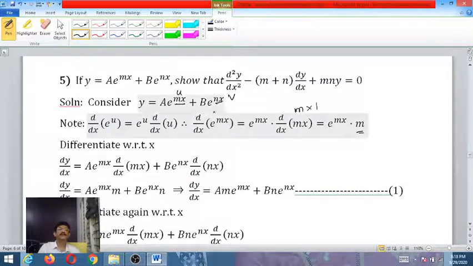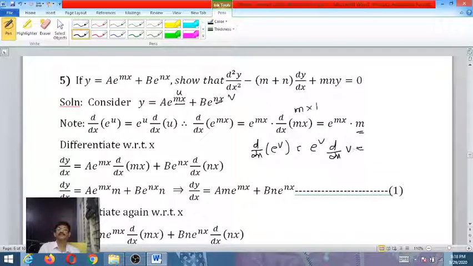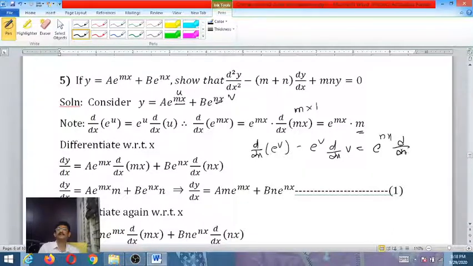In a similar way, e power v, derivative is what? It is e power v into derivative of v, what is v? e power nx into derivative of nx. What is the derivative of nx?